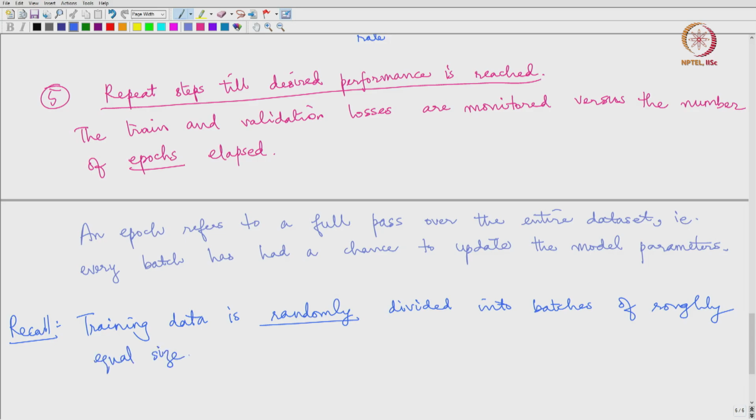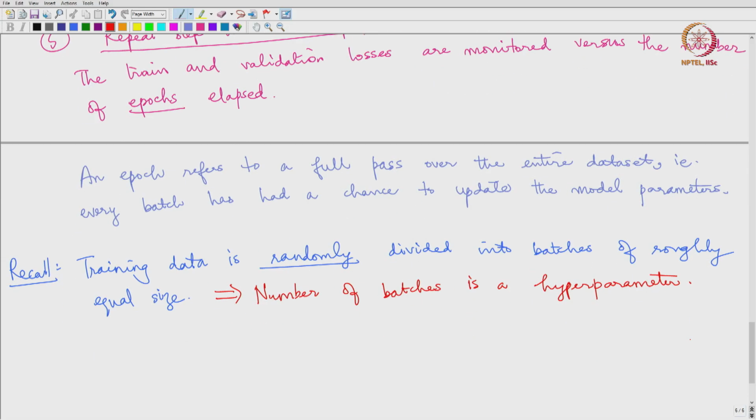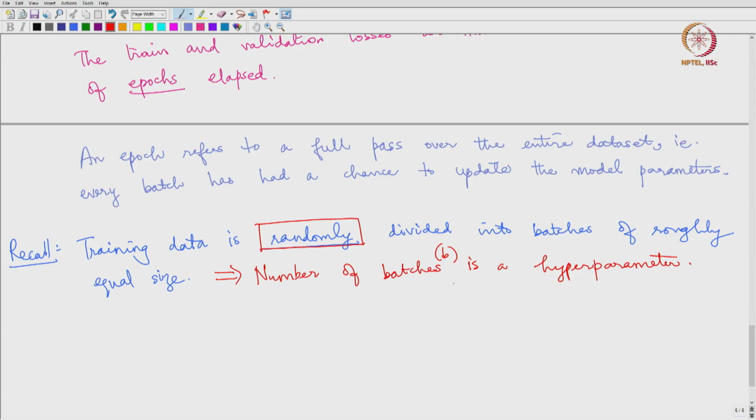As you can imagine, the number of batches is also a hyperparameter that will affect the training process, and because the data is assigned to these B batches randomly, that is where the name stochastic gradient descent comes from. The stochasticity is coming from how the data is randomly divided into batches of roughly equal size.